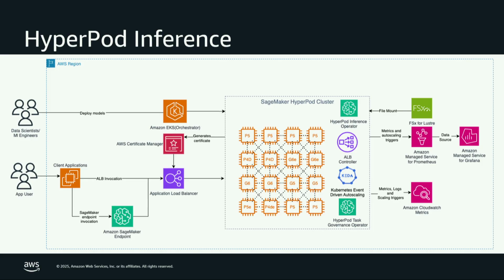All that stuff is taken care of for you with a single command. And when all of this is set up and ready, the application developers can interface with the ALB directly or through SageMaker endpoints to do actual invocations on the model themselves. With that, let's switch over to the demo.